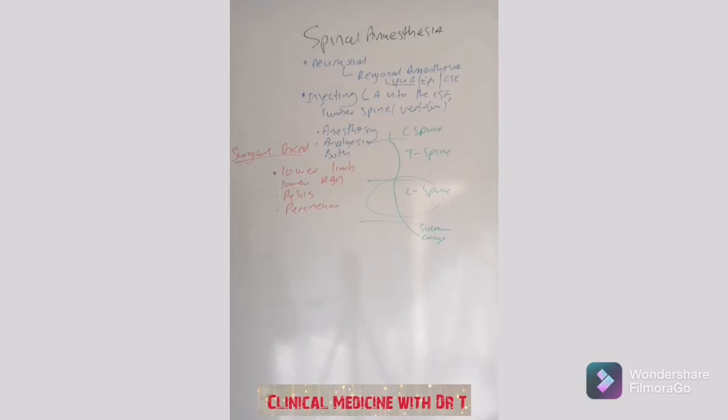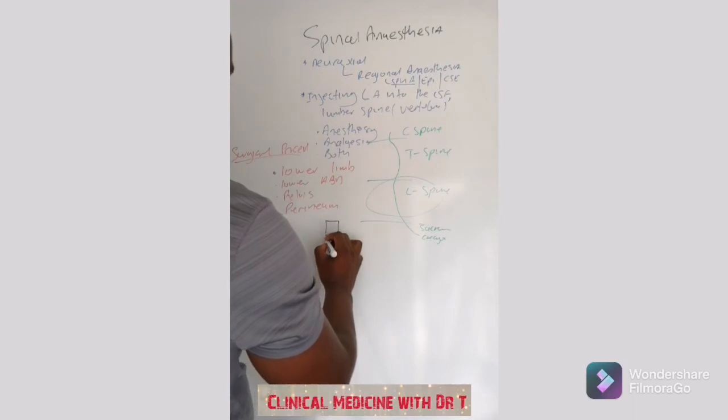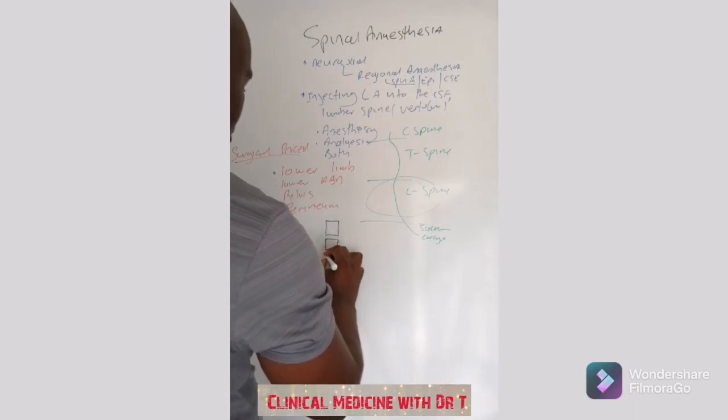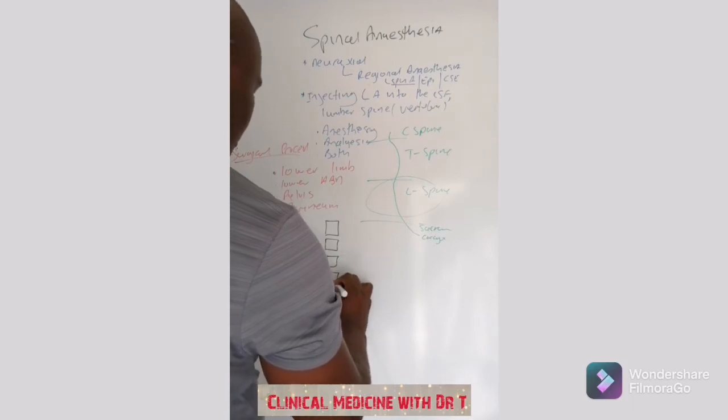So if we've got our vertebral body like this, this is our L1, L2, L3, L4, L5.